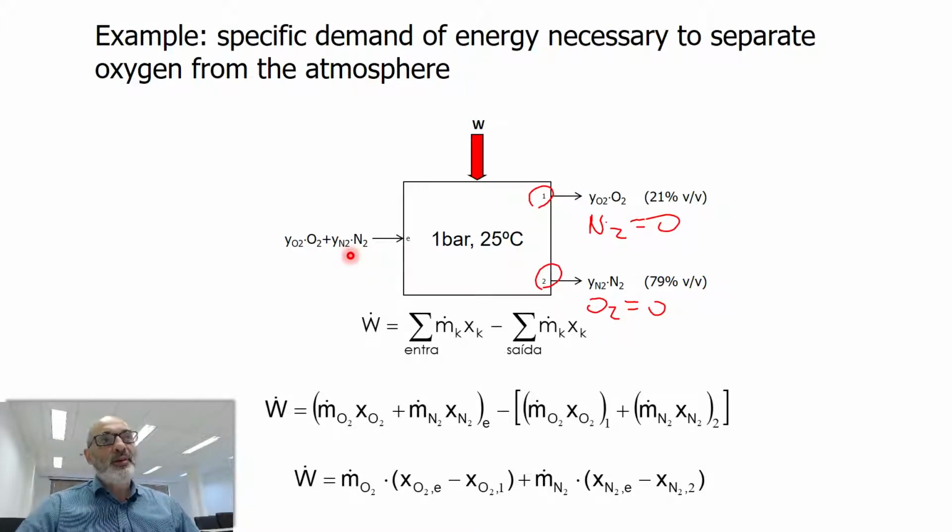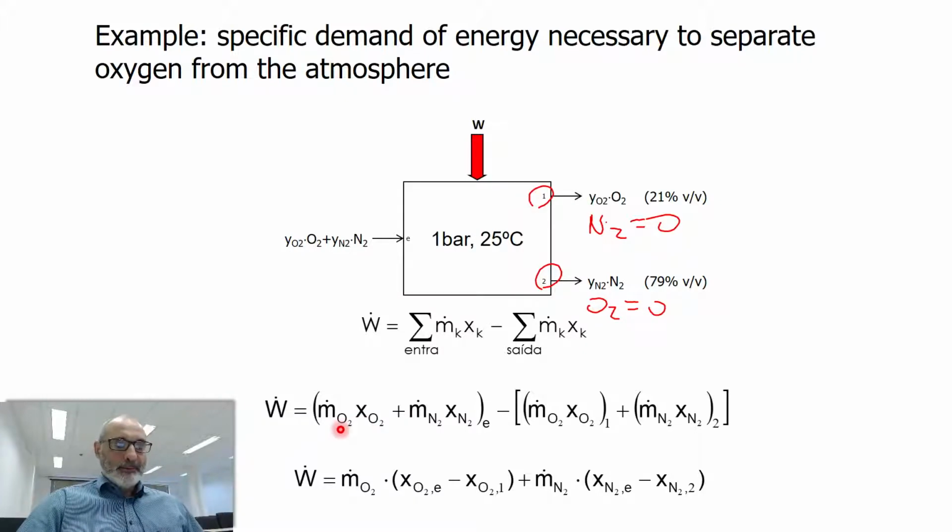Mass flow rate or molar flow rate, it's indifferent right now. So the amount of exergy that is entering is the mass or molar flow rate of oxygen times the corresponding concentration.